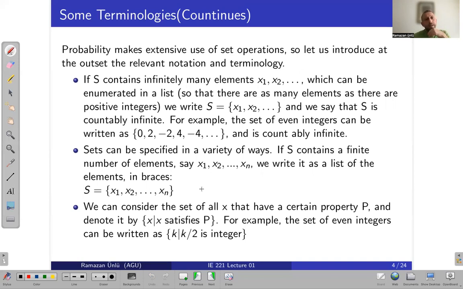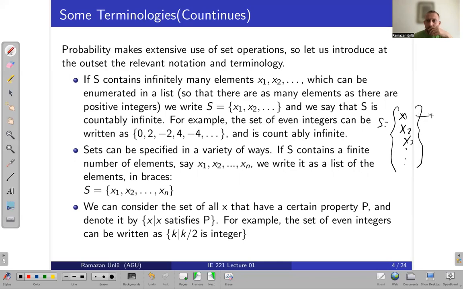If S contains infinitely many elements, like x1, x2, and so on, which can be enumerated, we can create a list. This is x1, x2, x3, and it goes on infinitely.